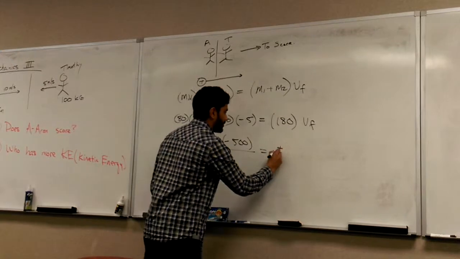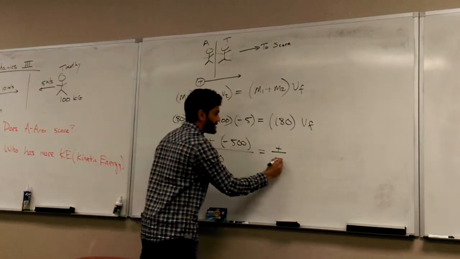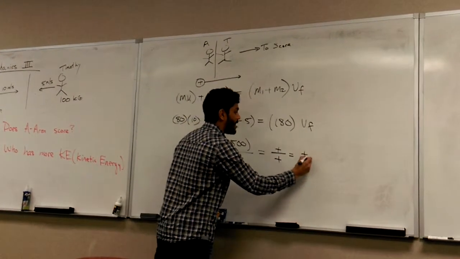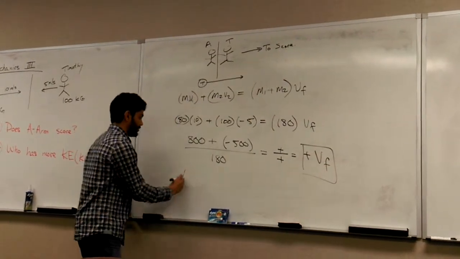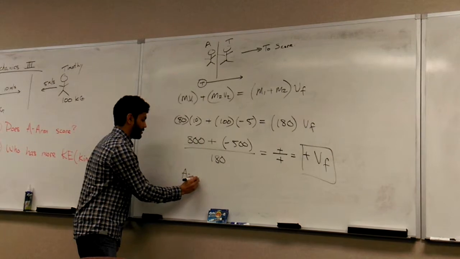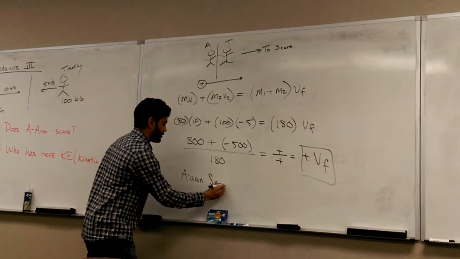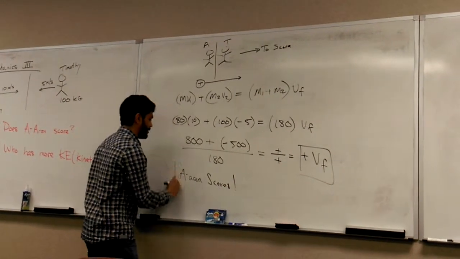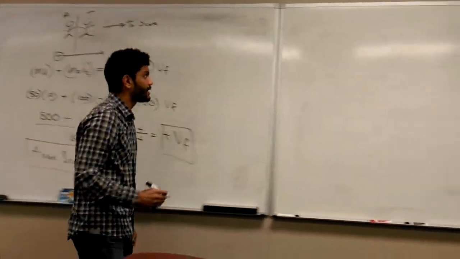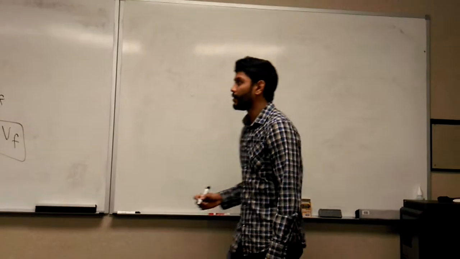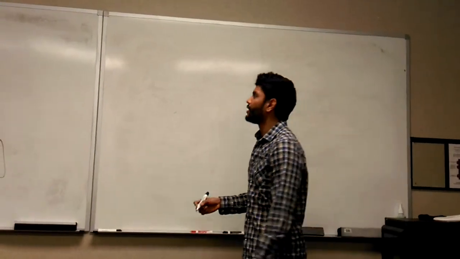Positive divided by a positive number is a positive final velocity. So yes, Aaron does score. Okay, Aaron scores.